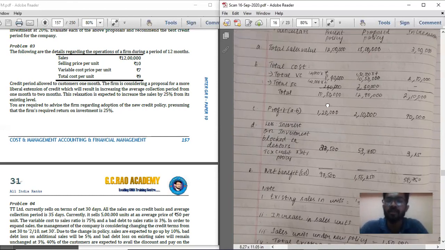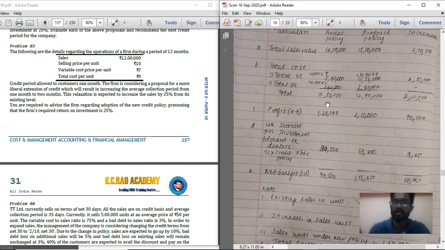So under present policy, what is the total cost? We have calculated 10,80,000. So 10,80,000 into, what is the credit period? 1 month. So 1 divided by 12 into, what is the required return on investment? That is 25%. That is 22,500 under present policy.